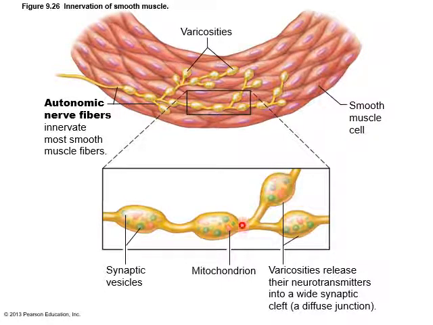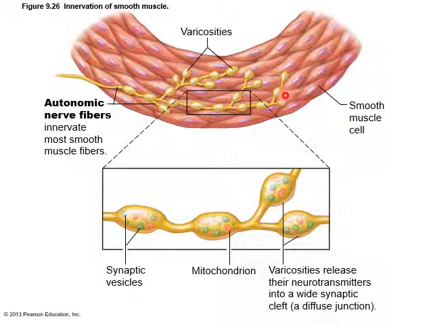Okay, and it'd be acetylcholine, just like we had with skeletal muscle. But here's your varicosities. There's some mitochondria, and the varicosities release their neurotransmitters into a wide synaptic cleft.